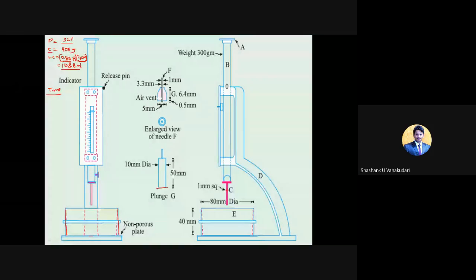For that, every 5 minutes you need to note down. So this is time, this is initial reading, this is final reading, and at last you will note down the penetration value.